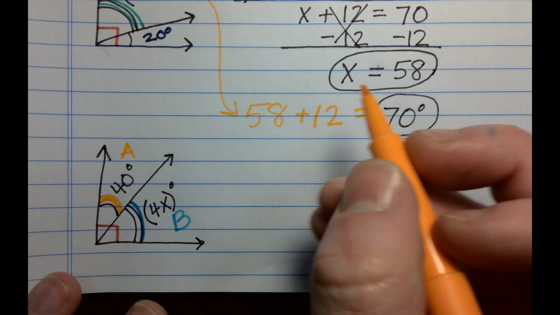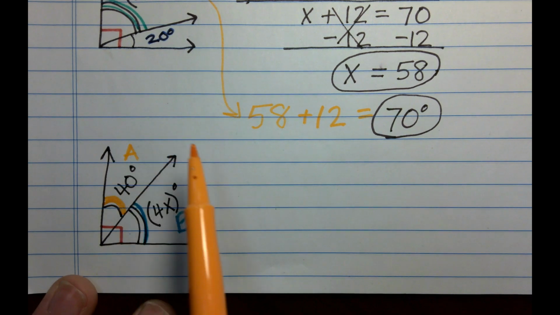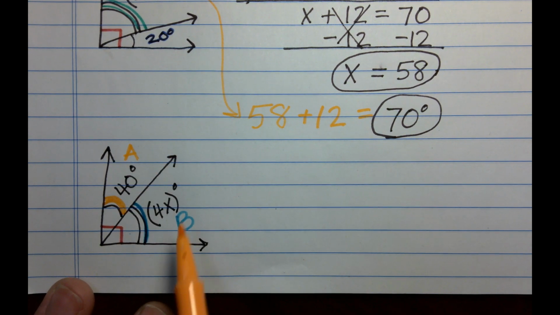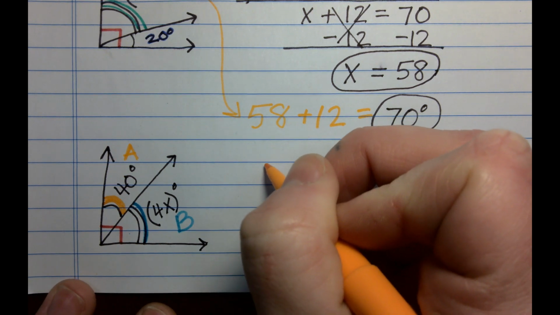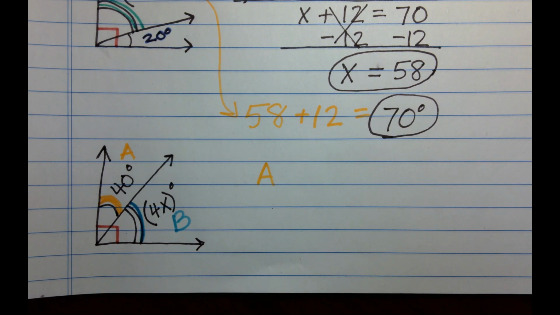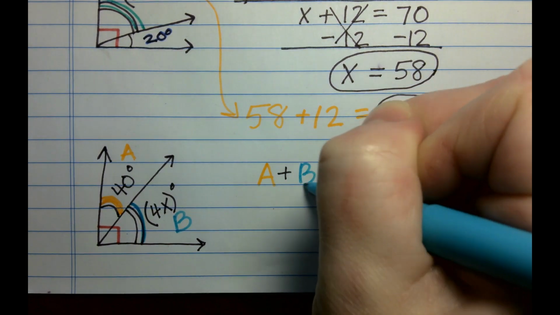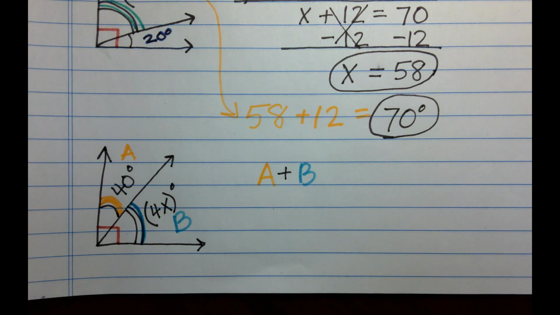So I know that angle A plus angle B equals how many degrees? 90 degrees. So let's write that just to have it for reference. A plus B equals 90.